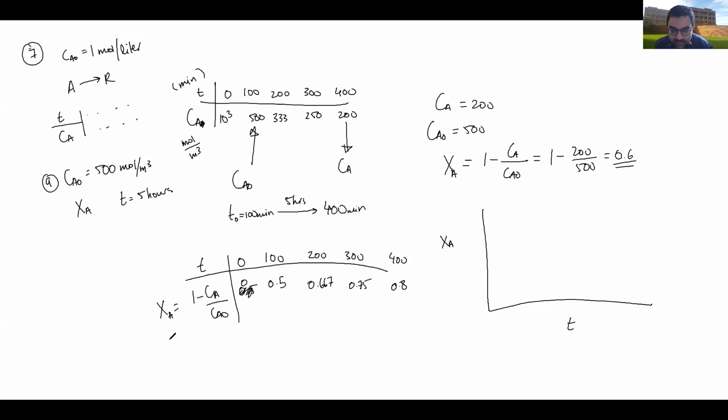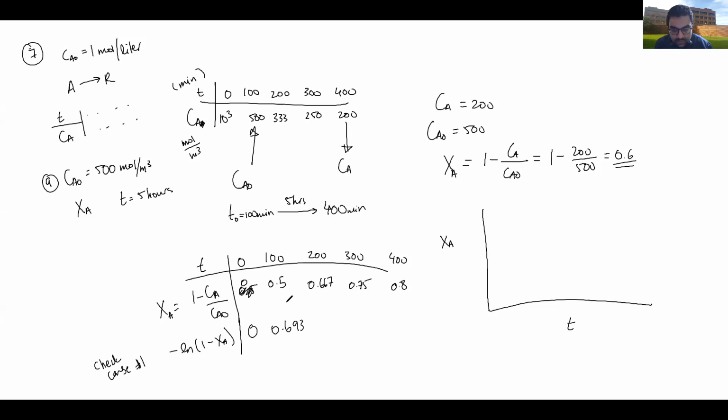So let's try to get minus ln 1 minus xa to check first order. Check case number 1 right here. So if I get these numbers, I'm going to get minus ln of 1. So first one is 0. Ln of 0.5. Second one is 0.693.